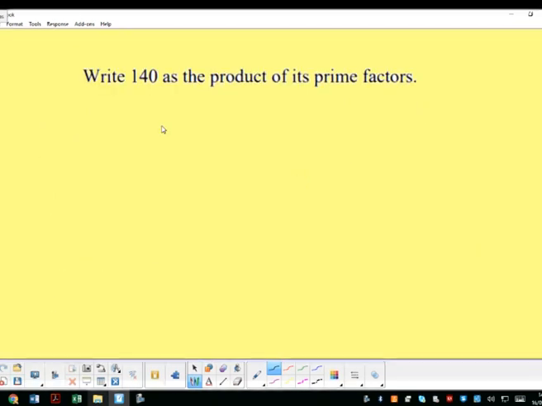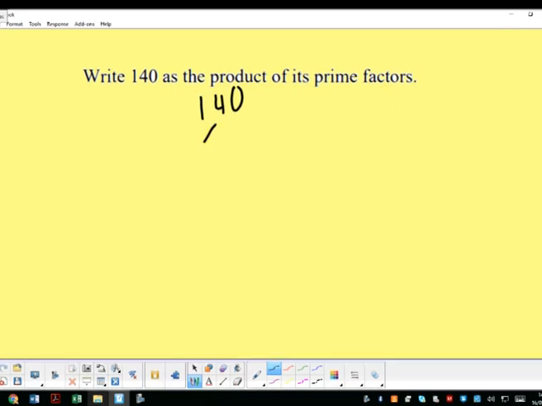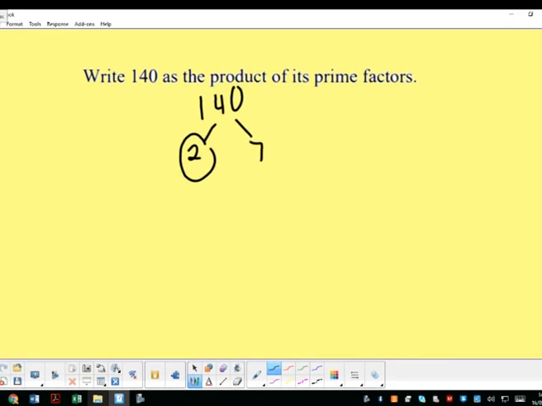Okay, moving on to product of prime factors. Remember, that's your factor tree. So you start with 140 at the top. Because it's an even number, we can always divide by the easiest prime number, which is 2. So 140 divided by 2 is 70. Again, it's an even number, so we can divide it by 2 again, which leaves us with 35. 35 is not a prime number and it's not even.